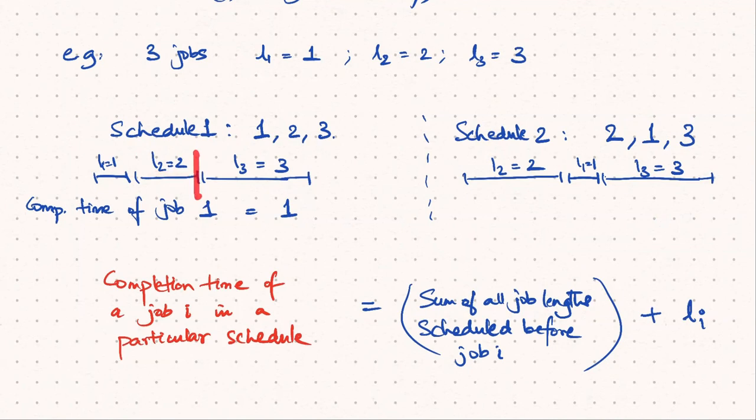What time does the second job finish? Well, it's simply 1 plus 2. So the completion time of job 2 is 1 plus 2, which is 3. And the completion time of job 3 here, at this time interval, job 3 is also finished. So that is simply 1 plus 2 plus 3, which is 6.